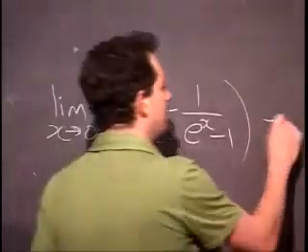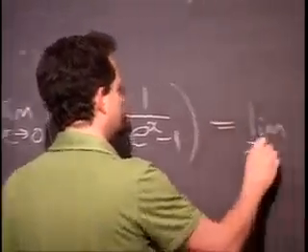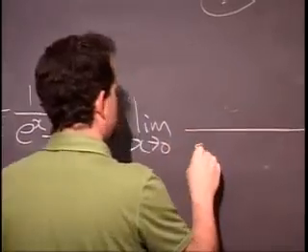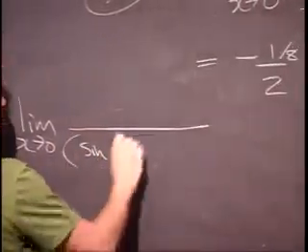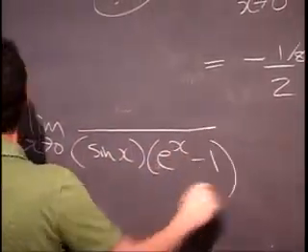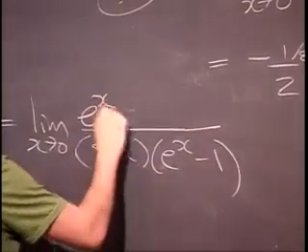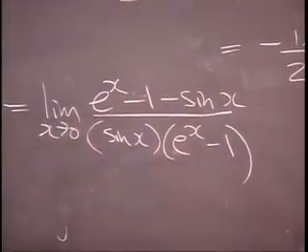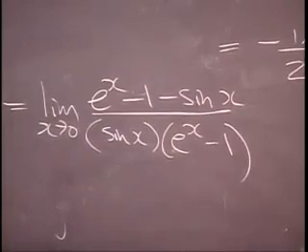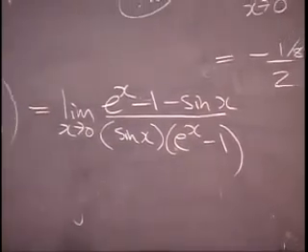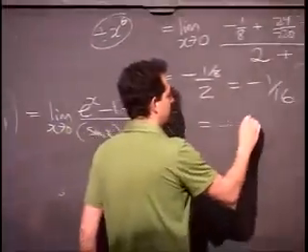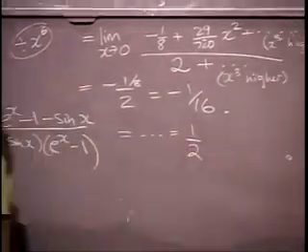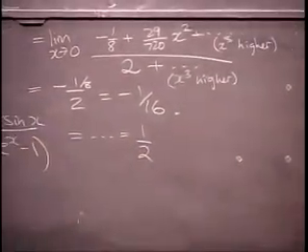But the way you prepare it is to take a common denominator, sine x times e to the x minus 1. And on the top, you're going to have e to the x minus 1 minus sine x. And it's pretty similar to the other problem. You should work that out for practice. And I think the answer turns out to be a half. So that's an exercise for you. And it's in 26.4. All right.